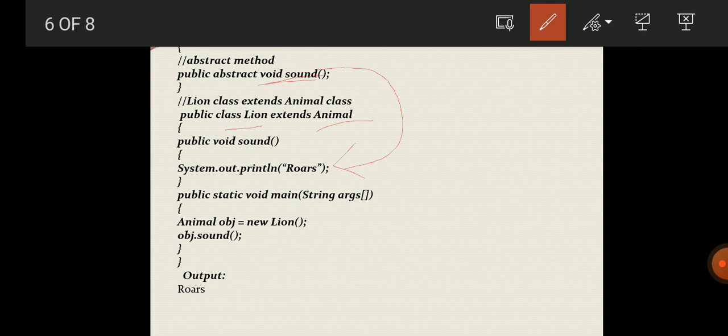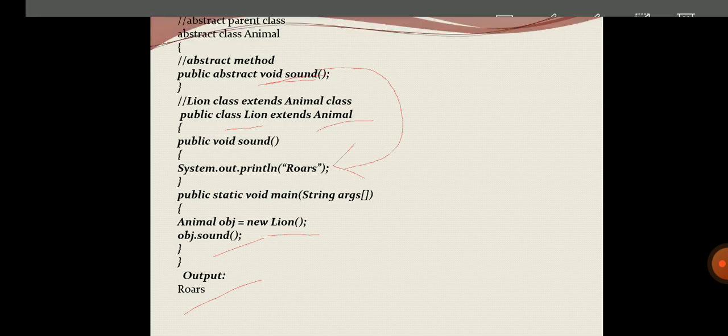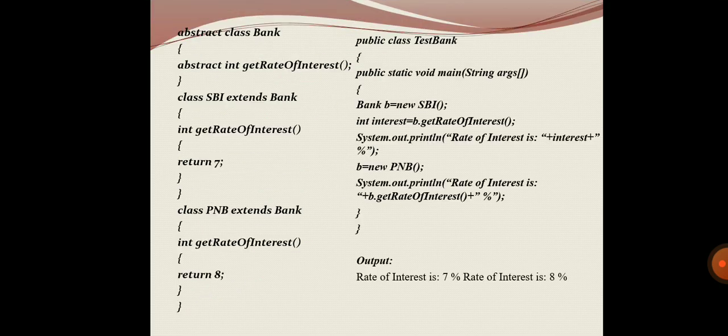Now we have created the object for the subclass and we are calling the method object.sound(), and the output we are getting is roar. So only one thing: the abstract method is defined in the superclass and the implementation is defined in the subclass. So this is what is called the abstract class. This is one example.